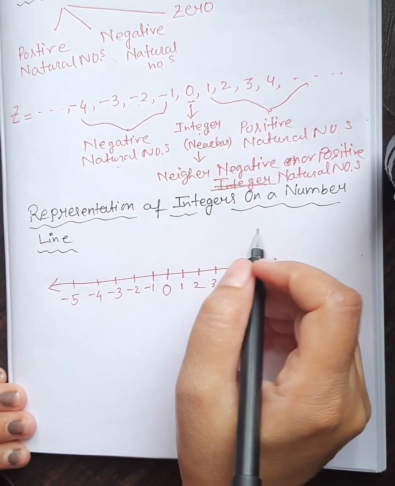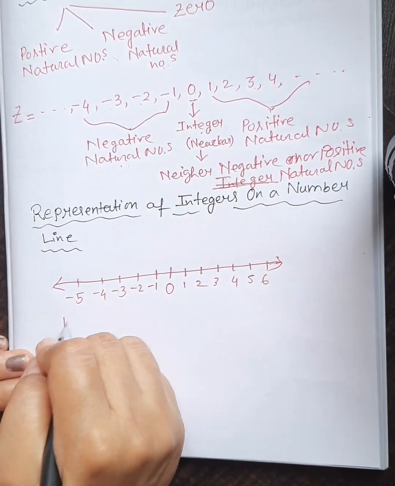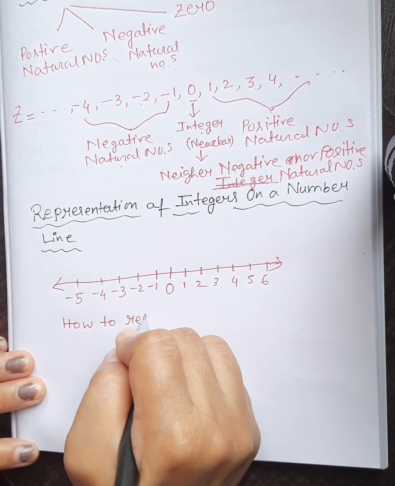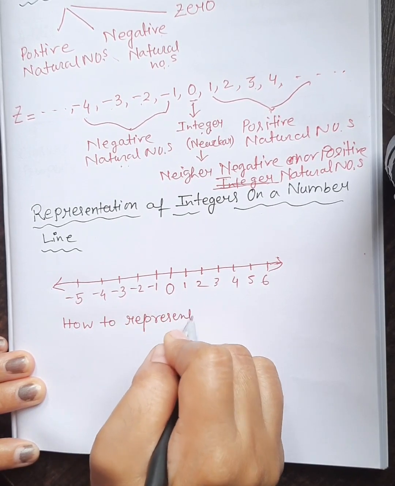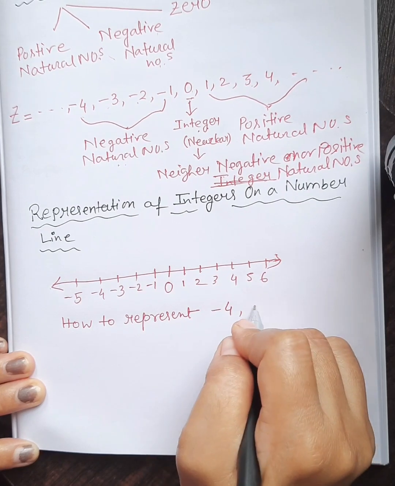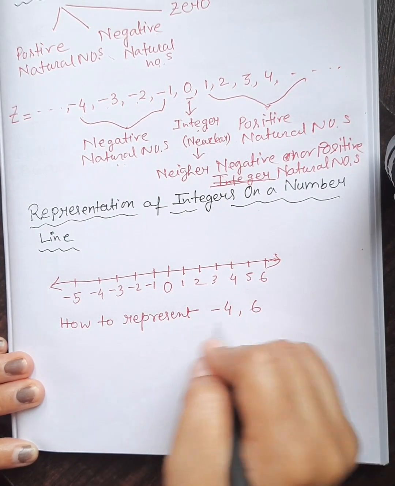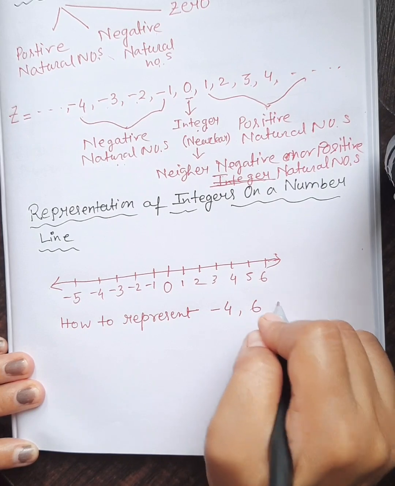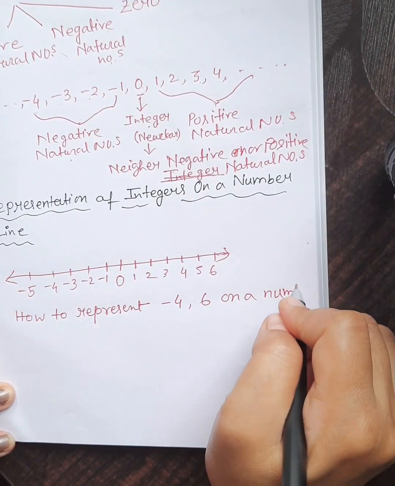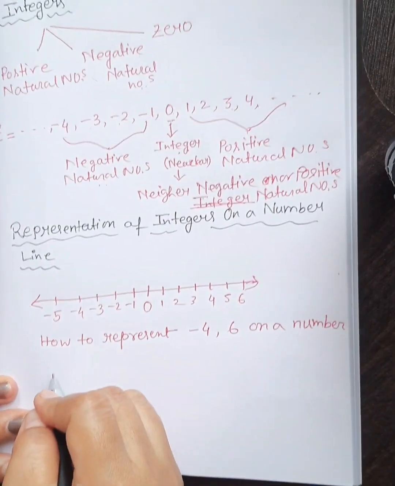Clear? So the question is how to represent, suppose, -4 and 6 on a number line.